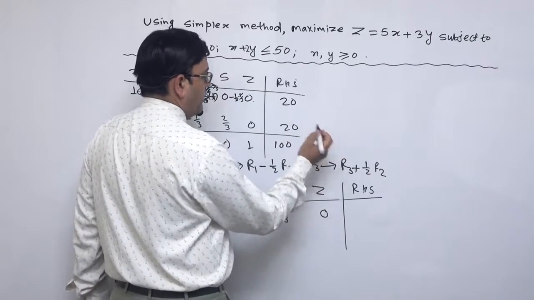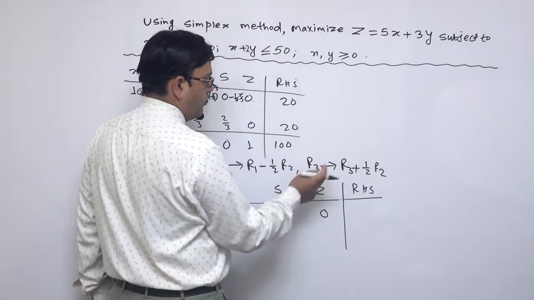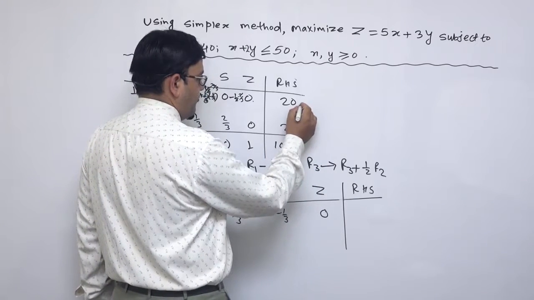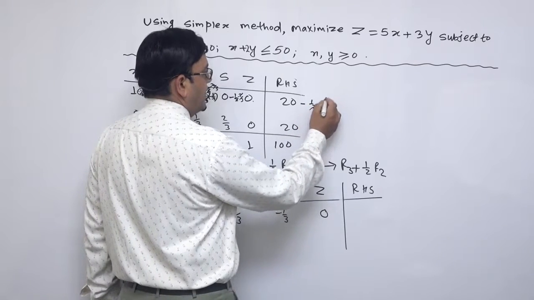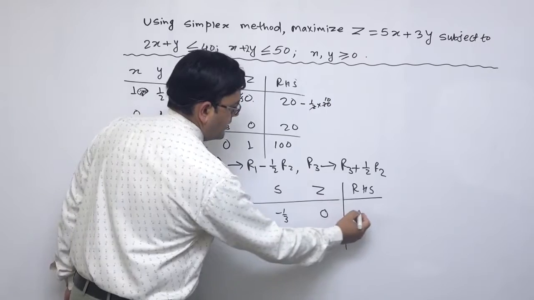Now another one is 20, so R1 minus 1 by 2 R2 is again 20. This 10 times cuts, so 20 minus 10 is 10.